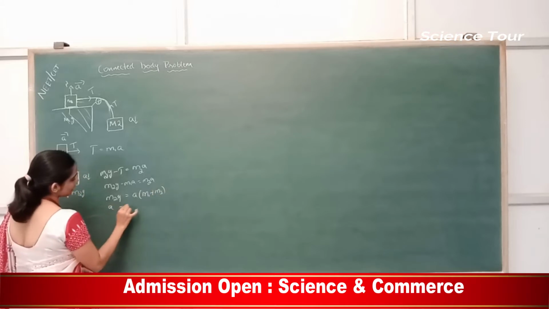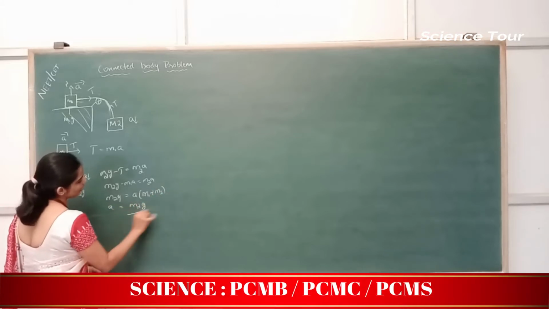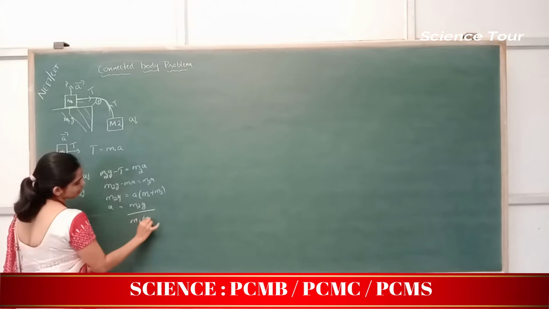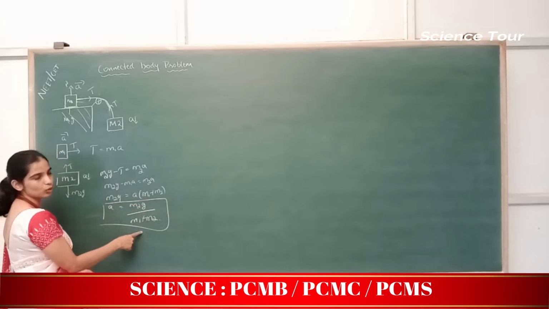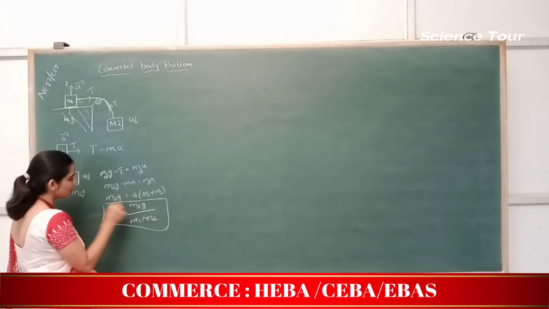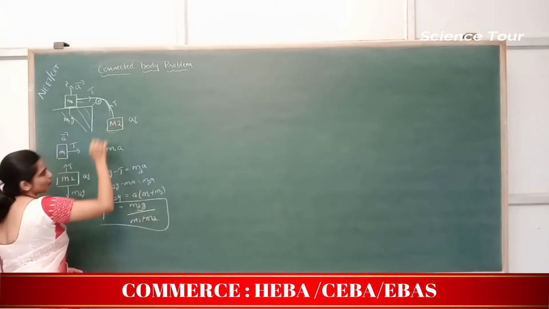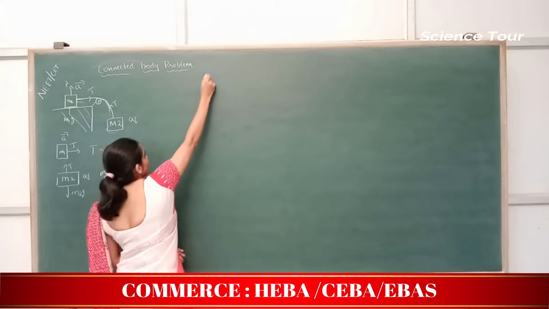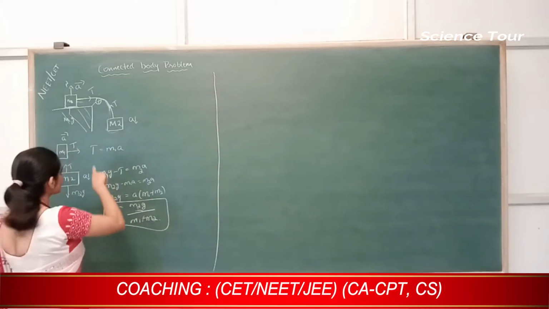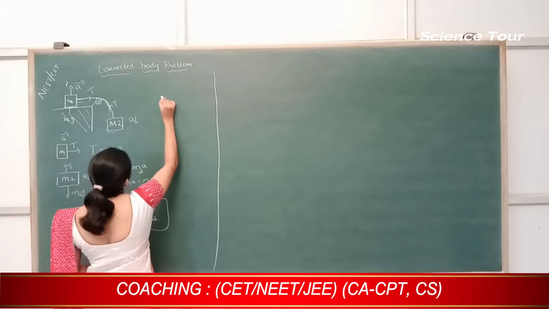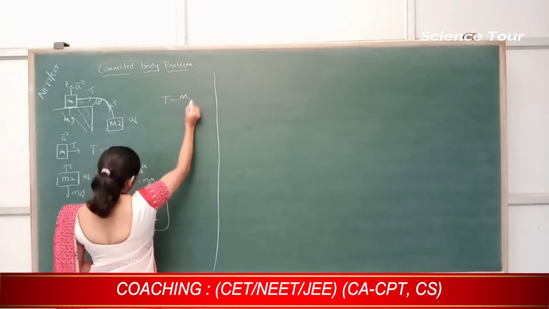What is the acceleration? M2 into g divided by M1 plus M2. See, acceleration is force divided by total mass. Total mass is M1 plus M2, and the force is the weight. Correct? Okay. Then what about the tension acting on the string? Tension is M1 times the acceleration.